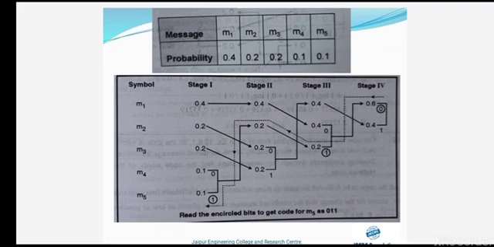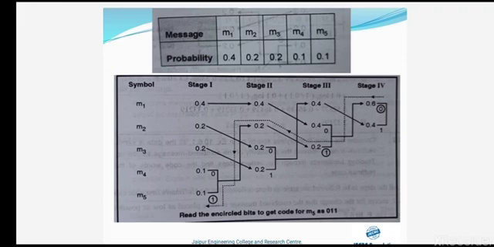Now we can consider a discrete memoryless source having five symbols or five messages m1, m2, m3, m4 and m5, and these are the probabilities: 0.4, 0.2, 0.2, 0.1 and 0.1. These are the probabilities of the discrete memoryless source to generate the messages m1 to m5.